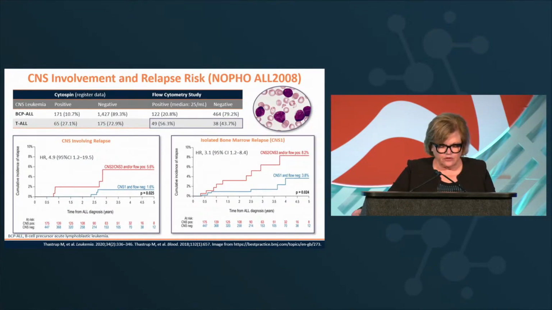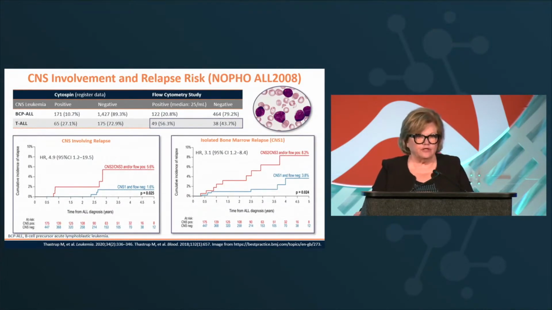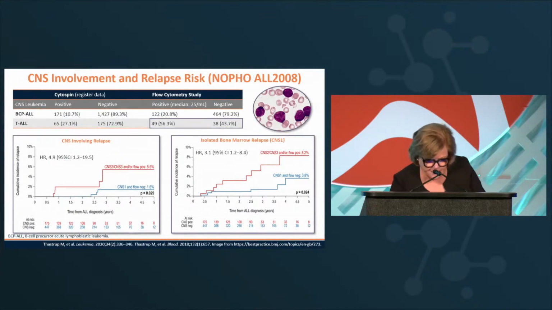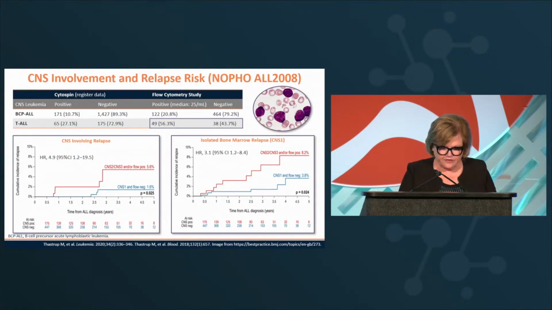And so when we look at the occurrence of relapse according to CNS status, we see that the patients with CNS1 and that are flow cytometry negative will only have about a 1.6% chance of having a CNS relapse, while those with CNS2, CNS3, and flow cytometry positive will have about a 5.6% chance of CNS relapse.